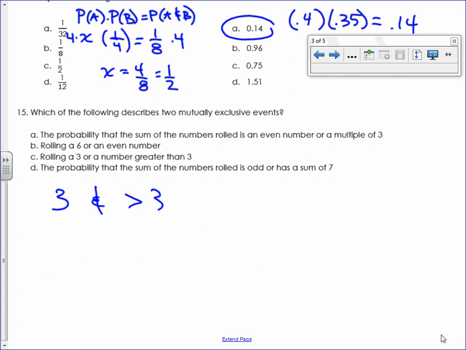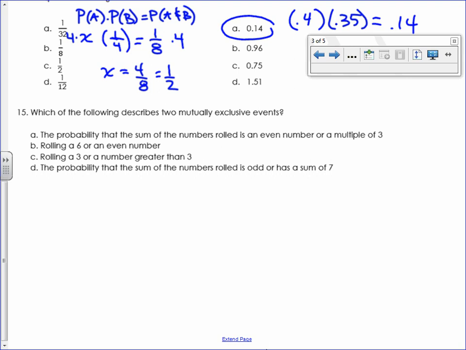Those have nothing in common. It's not telling you to find the probability of 3 or greater than 3. It's just asking, are those events mutually exclusive? Can those both be true at the same time?